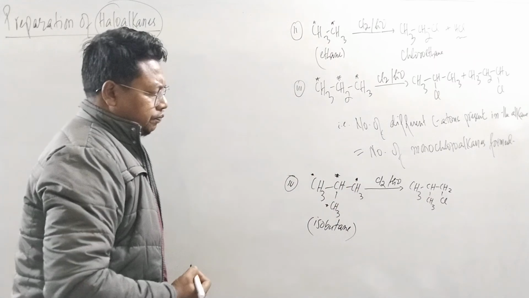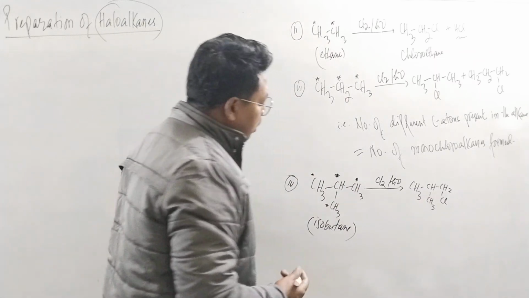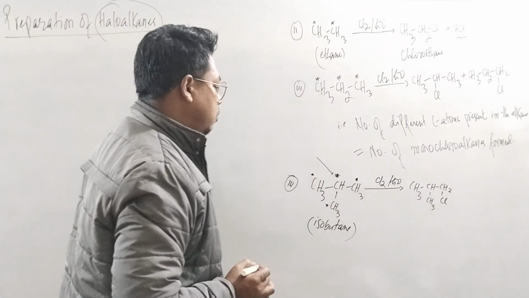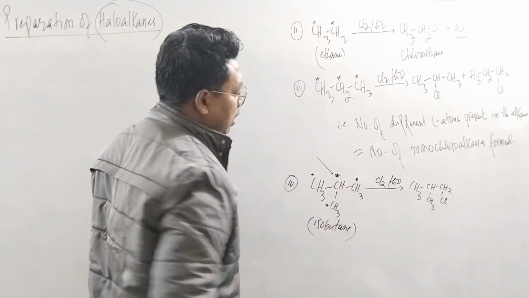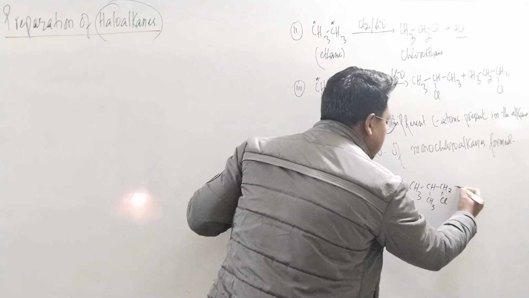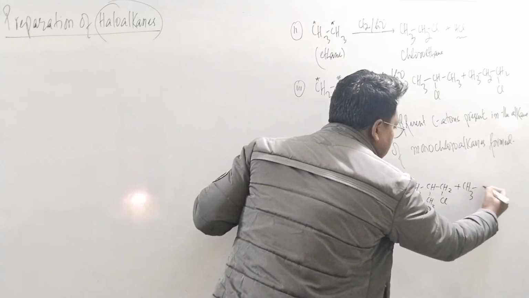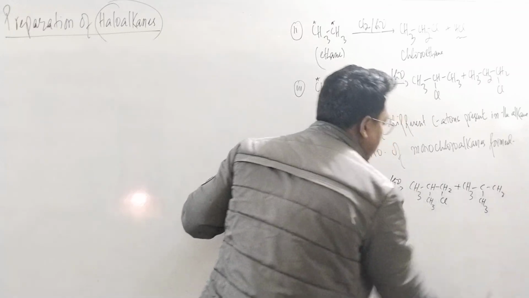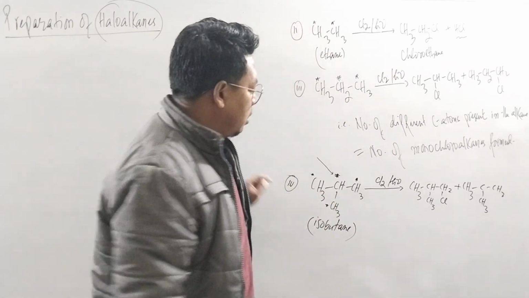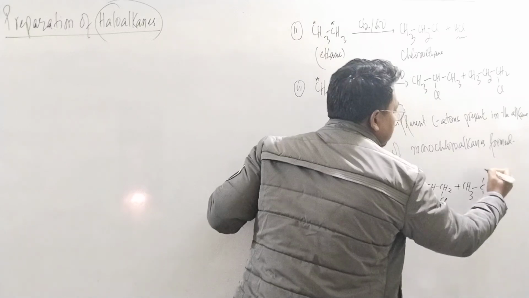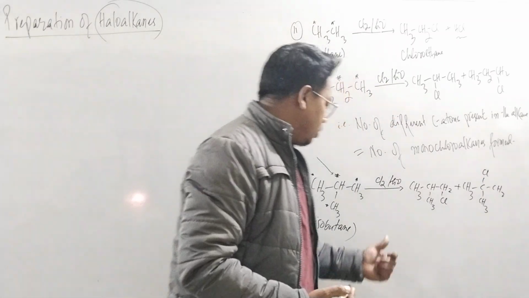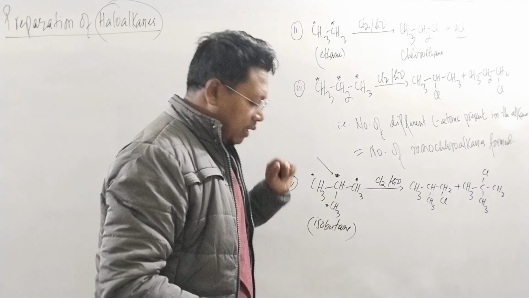This is one product. Okay, and another product will be obtained by substituting this hydrogen by chlorine, right? So this will be the second product, CH3C, CH3, CH3. This hydrogen is to be substituted by chlorine. These are the two products because we have two different carbon atoms here.